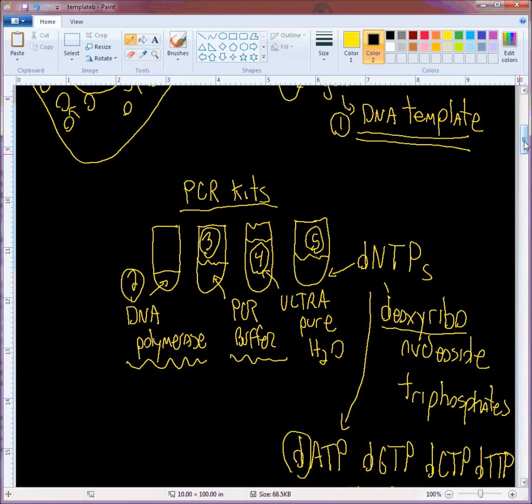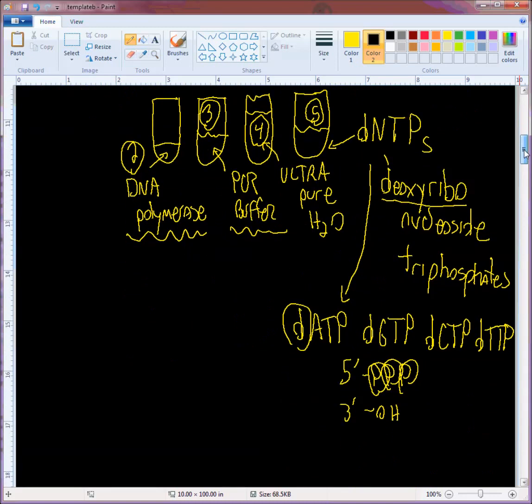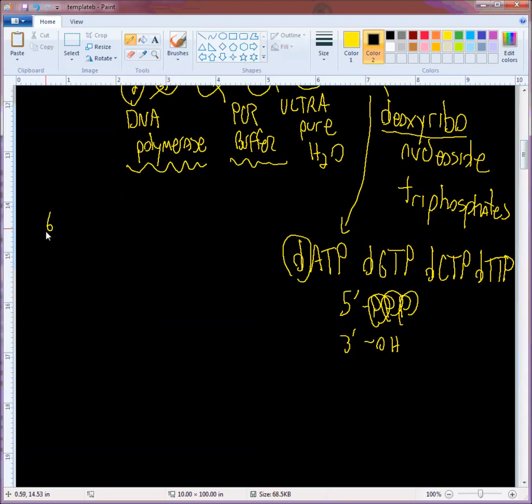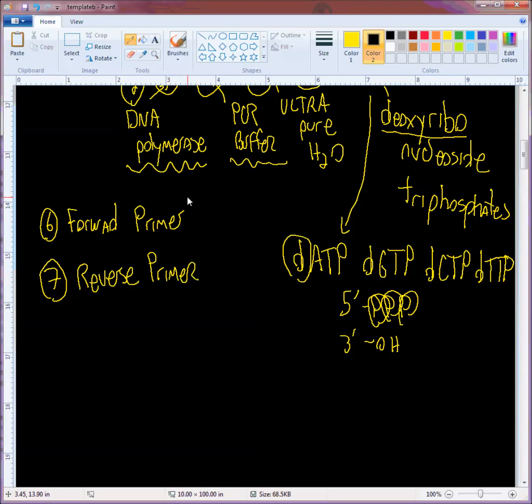We're also going to need 2 more things. We are going to need what we call a forward primer and you should recognize the word primer, right, from our talk of replication, and reverse primer. But unlike in replication, these are not RNA primers. These are usually, well, as far as I know, they're always DNA primers.